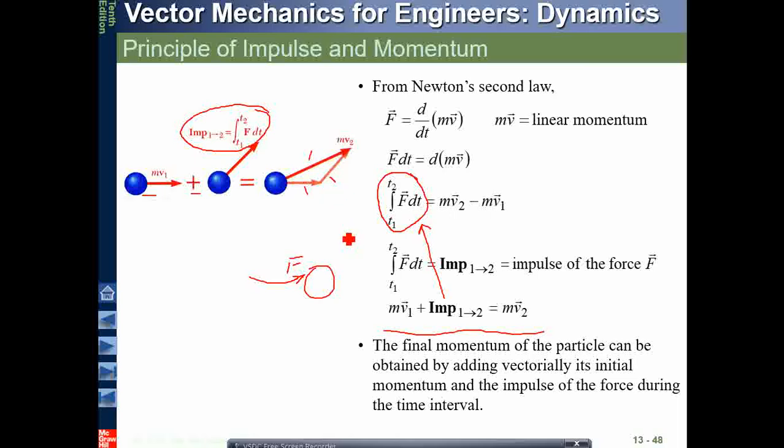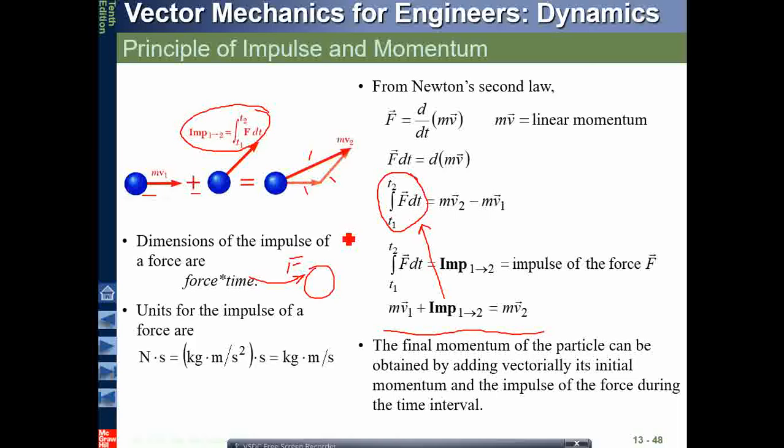So it can be added vectorially also. Now you know what an impulsive force or impulse momentum equation is. It has units of Newton seconds or kg meter per second squared times seconds, which can be written as kg meter per second.